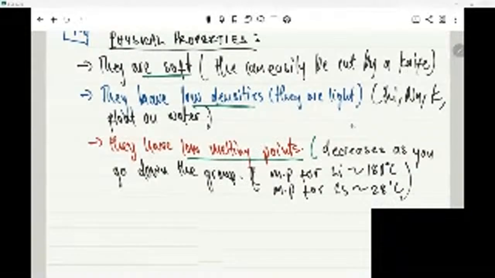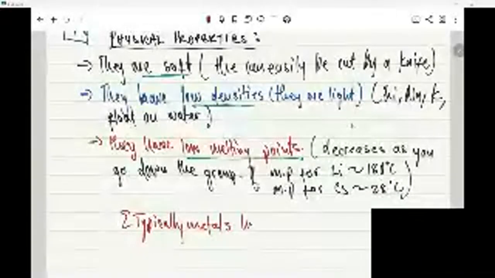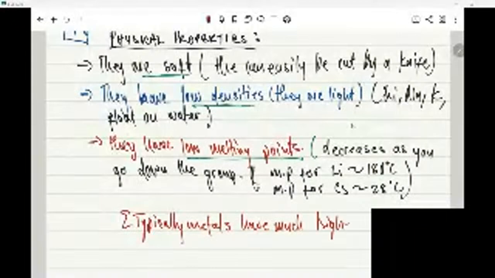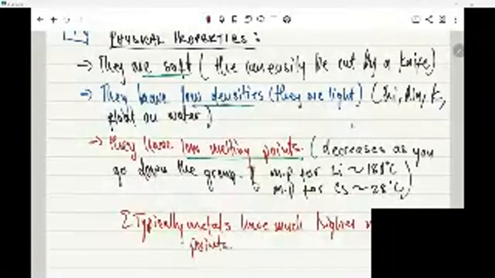And why did we say this is low? Put in brackets: typically, metals have much higher melting points. That is why we say for group 1, these melting points are low.